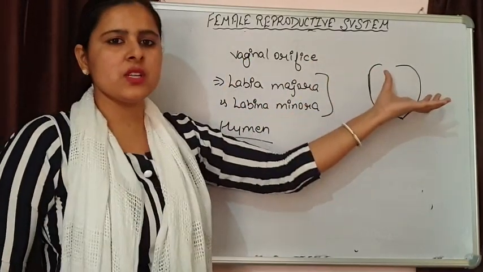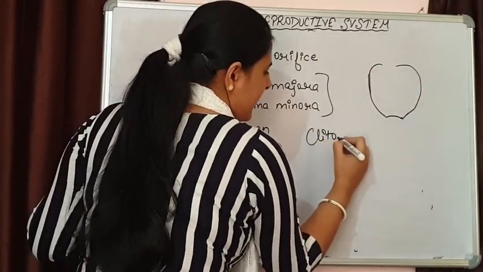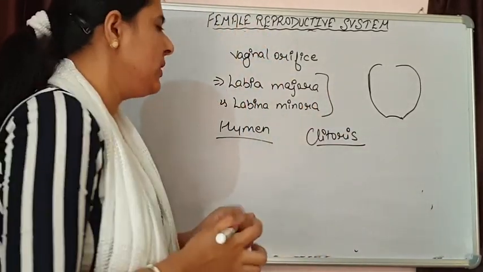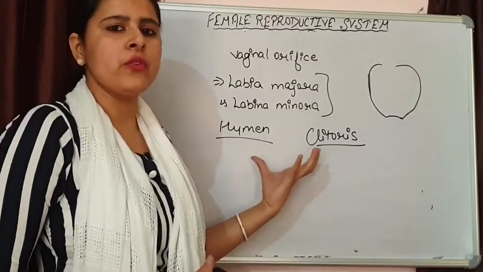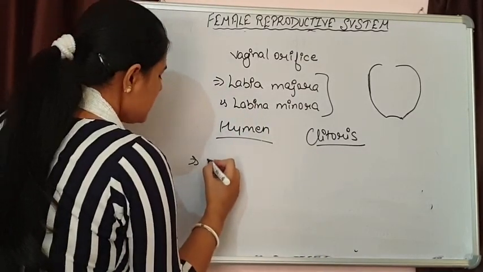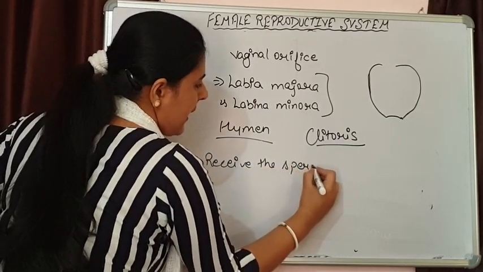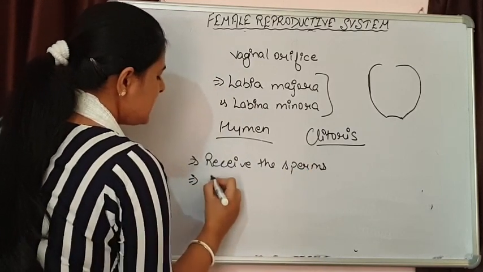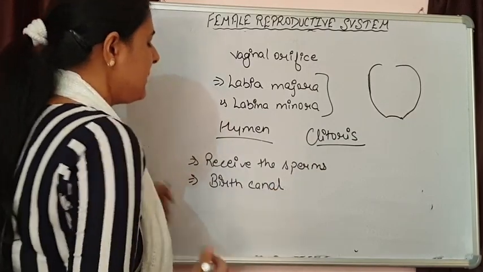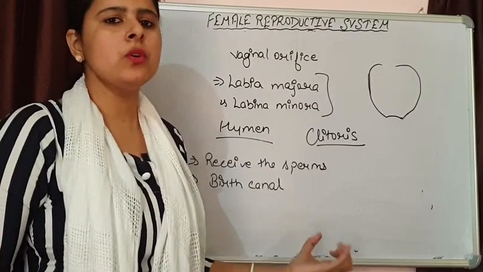Some other structures are also present over here, like the clitoris, which is a small projection present above the vestibule. So the functions of the vagina are, it receives the sperms. And the second most important function of the vagina is that it acts as a birth canal. That means through this pathway the birth of a newborn baby takes place.